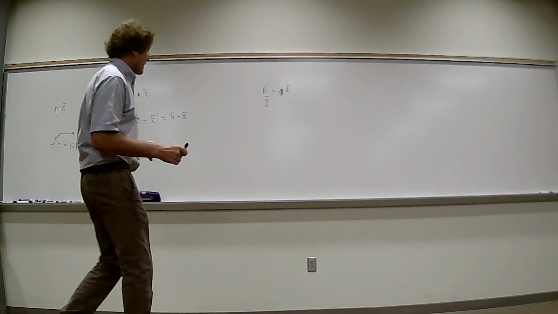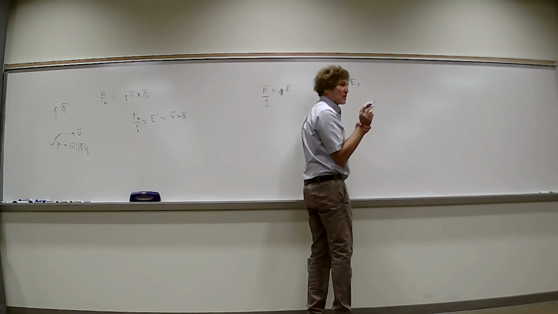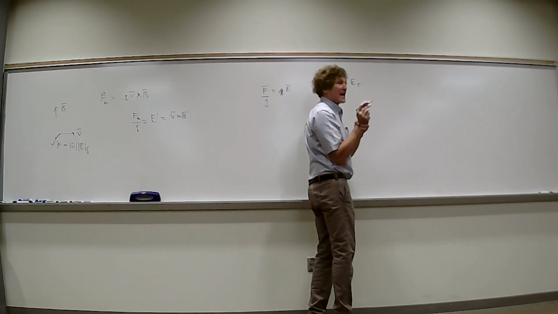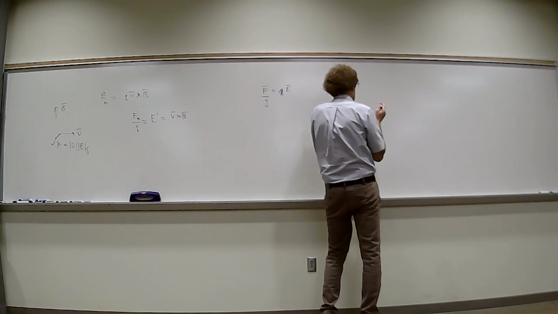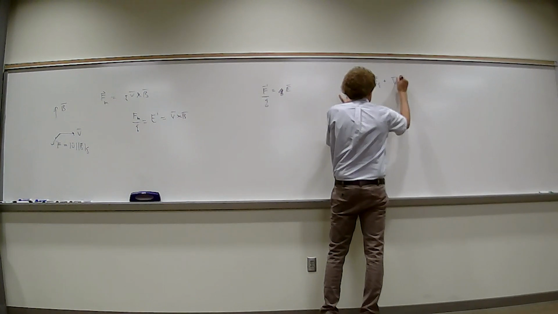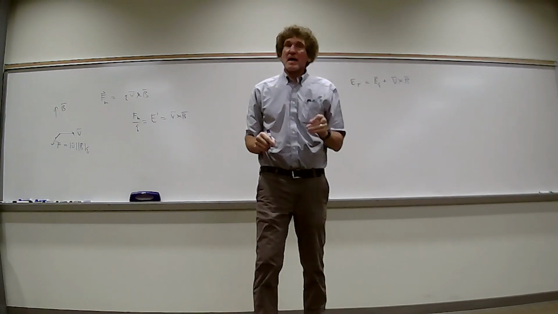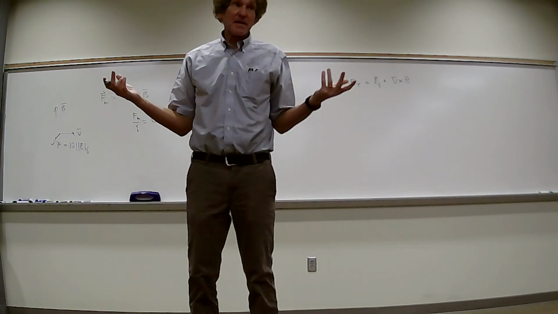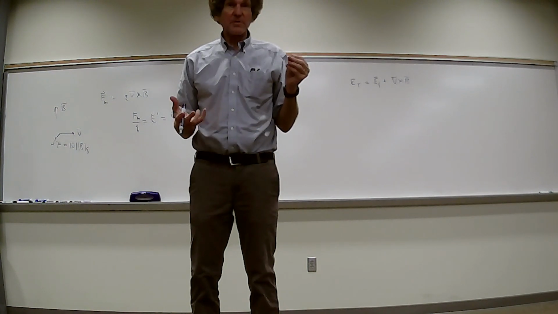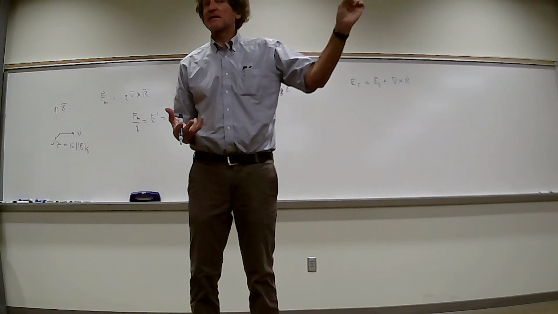What they generally do is say the total E field resulting from charge and motional events is equal to the electrostatic E field, E related to charge, plus V cross B. Now that's the total electric field at a point. It's simply the addition of the electric field caused by any static charge distribution at a point, plus the electric field caused by motion. Does everybody follow me on this? I'm making it as simple as I can.